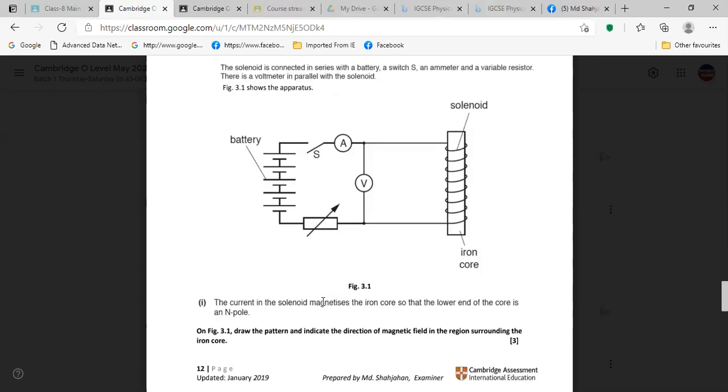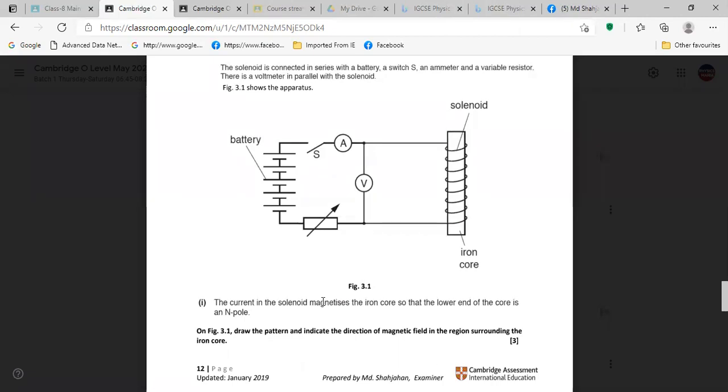Figure 3.1 shows the apparatus. Number 1. The current in the solenoid magnetizes the iron core so that the lower end of the core is an end pole. On figure 3.1, draw the pattern and indicate the direction of magnetic field in the region surrounding the iron core. So this one, you know how to do it, right?